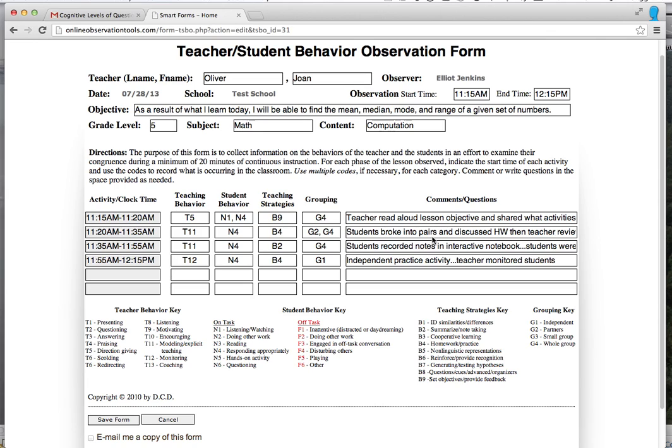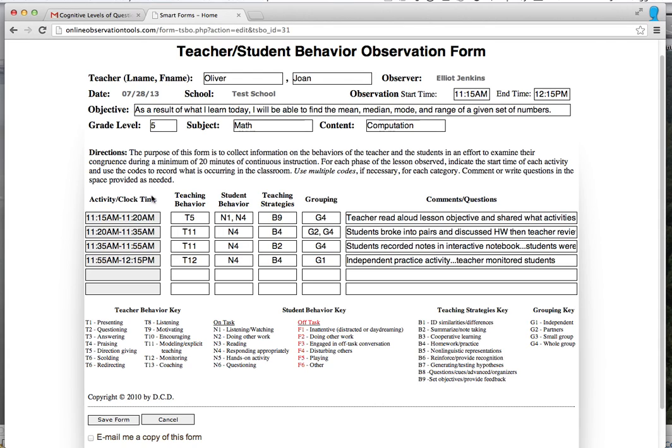Another use for this particular form could be that during a pre-observation conference we've met with the teachers, and a teacher has said, this year I'd really like to work on classroom management, and that's a goal for me. And one of the issues I know we talked about last year had to do with transitions. So what I'd like to do is start off the year by using this particular form and really analyzing my transitions.